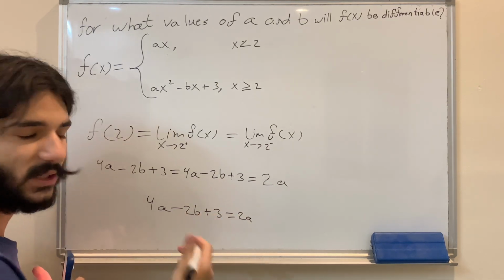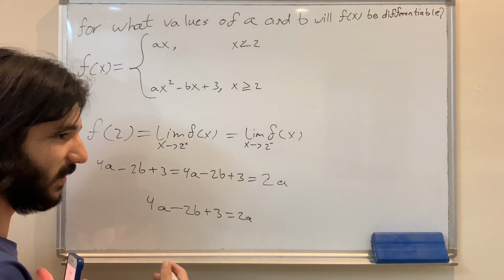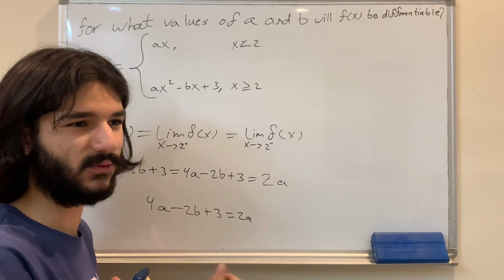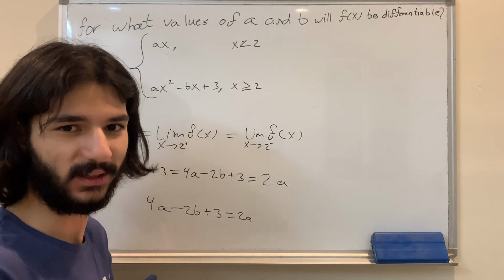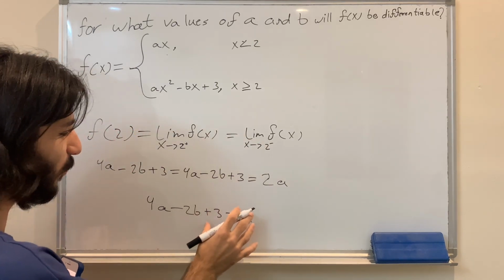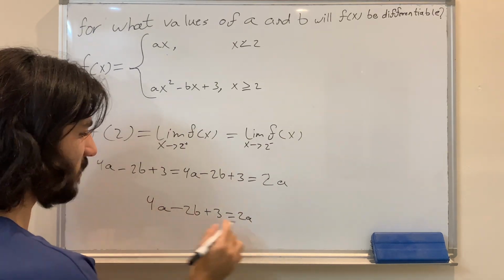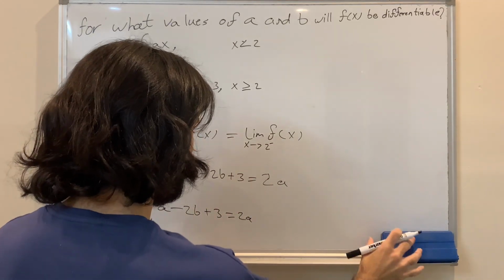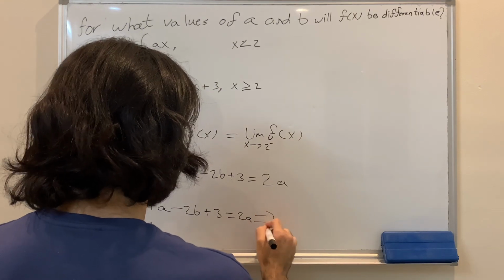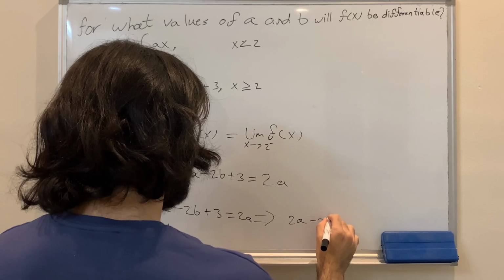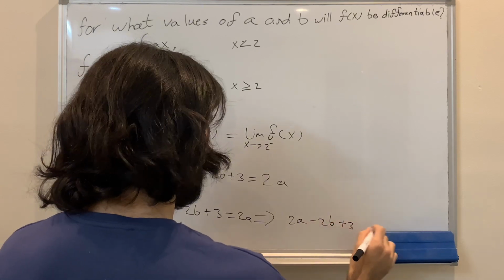And now we can solve to find an equation that tells us how far it is from being continuous, if I'm not wrong. Yeah, so when we solve, we can minus 2a from both sides, which is gonna give us 2a minus 2b plus 3 equals 0.